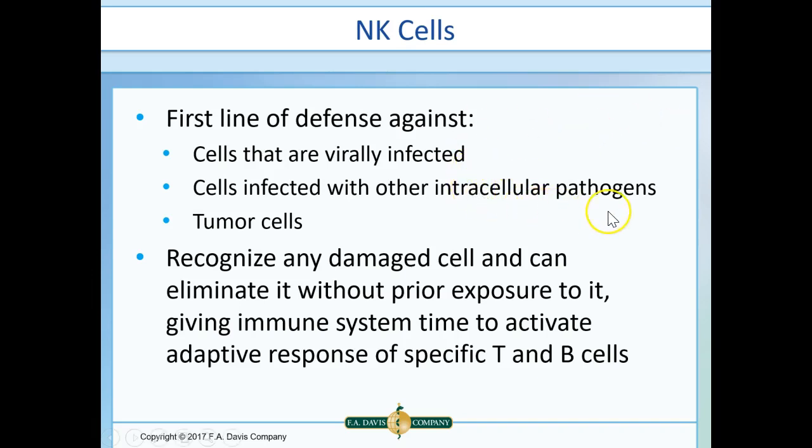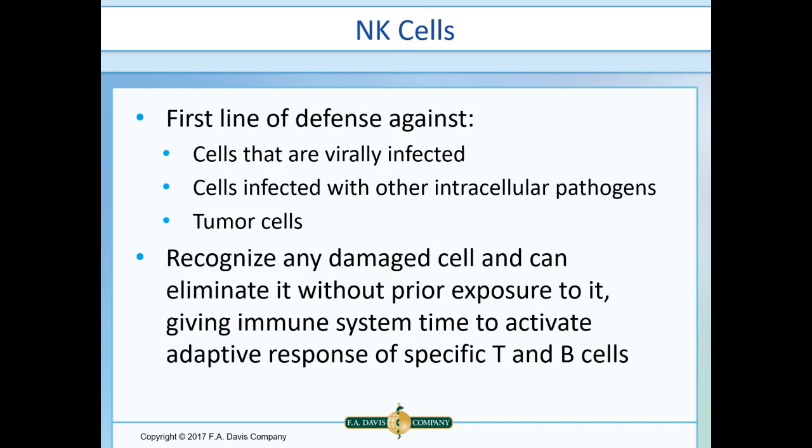Cells are infected with other intracellular pathogens or cells that are tumor cells as well. It can recognize any damaged cell and can eliminate it without prior exposure to it. So it gives the immune system time to activate the adaptive response to specific T and B cells.